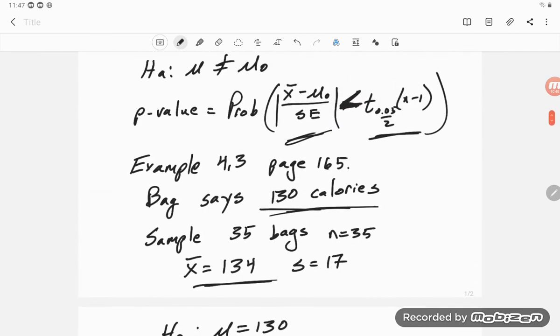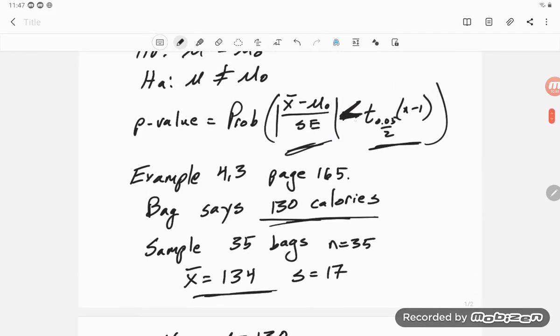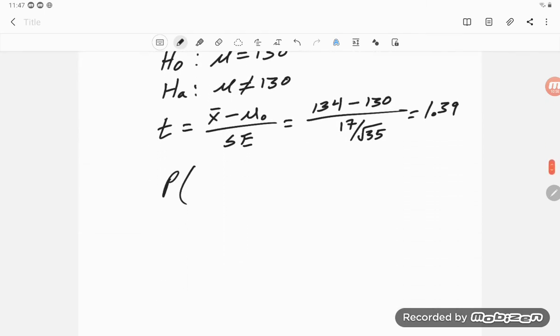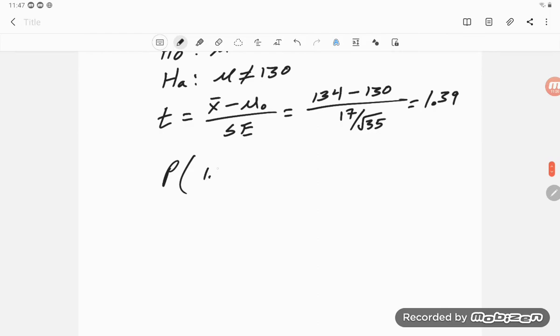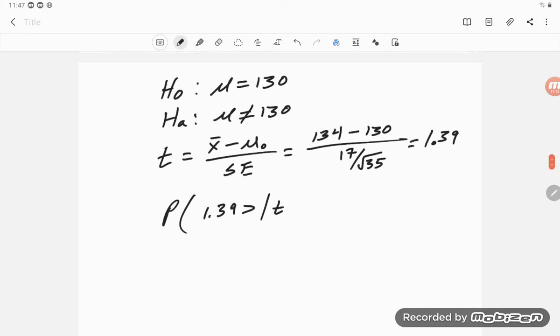Oh, I see why I did it wrong, because I want absolute values on both of those. Okay, so 1.39 is greater than our t, absolute value of our t. And what t is this? Well, this is our 0.05 over 2 and 34 degrees of freedom.